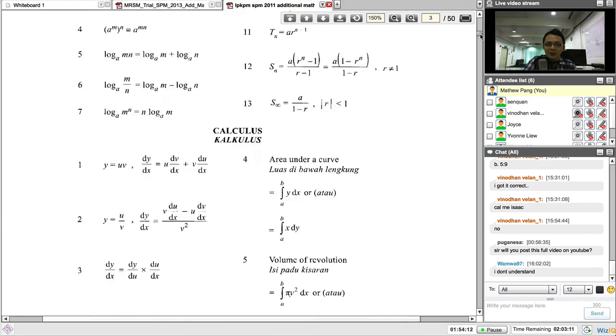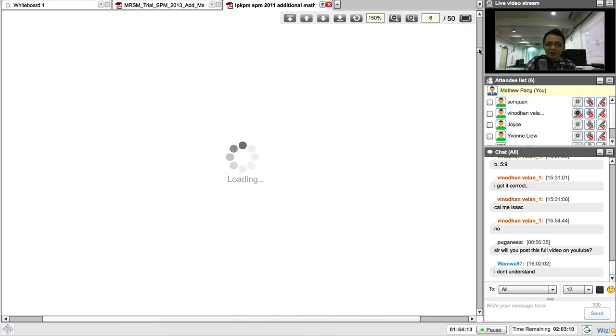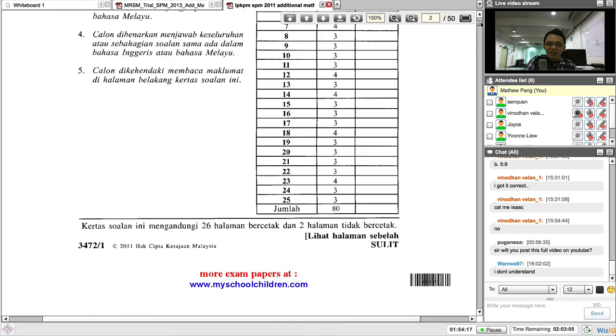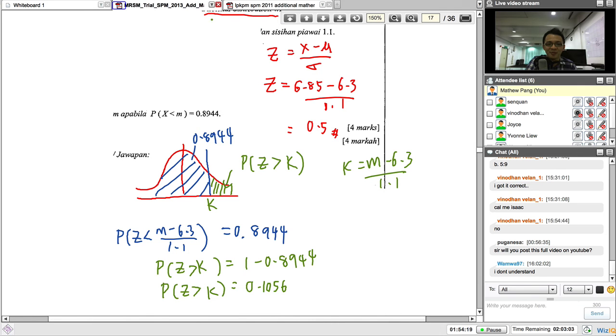No, we have no table here. If not, I can show you how to find the table. I hope you know how to find the table. I hope I have the table in some of my books. Give me a moment.